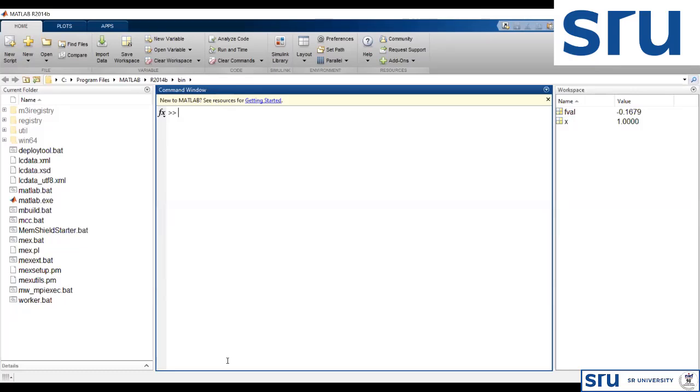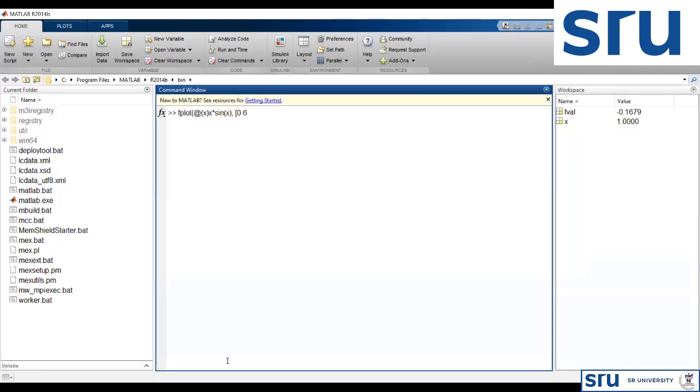f plot, then your function at the rate of x. Your function value is x times sin x, then your limit is 0 to 6.